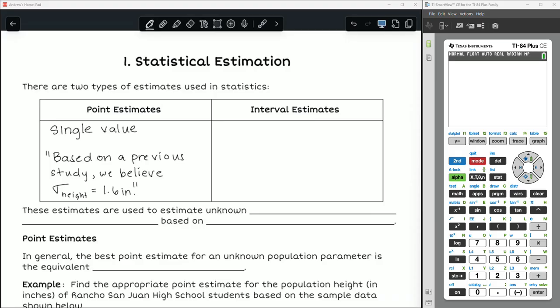And you'll notice we are giving a single value for a population parameter based on sample data from a previous study.